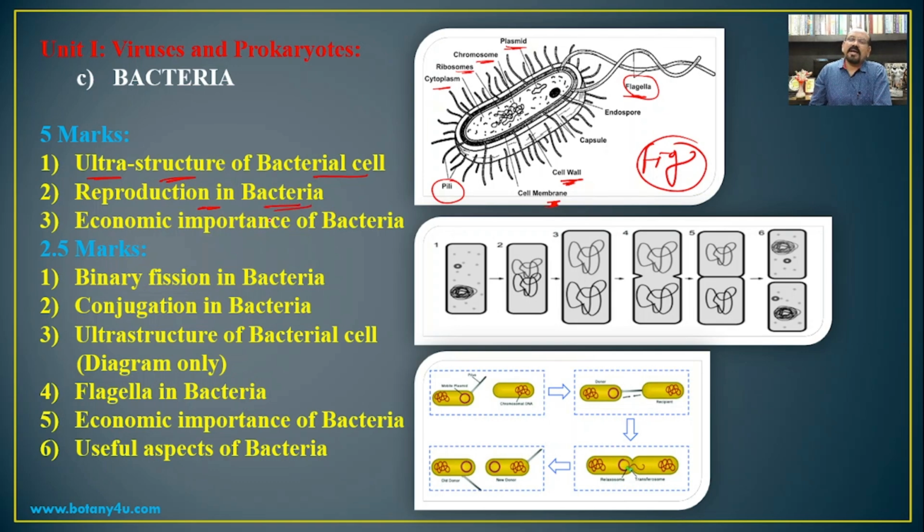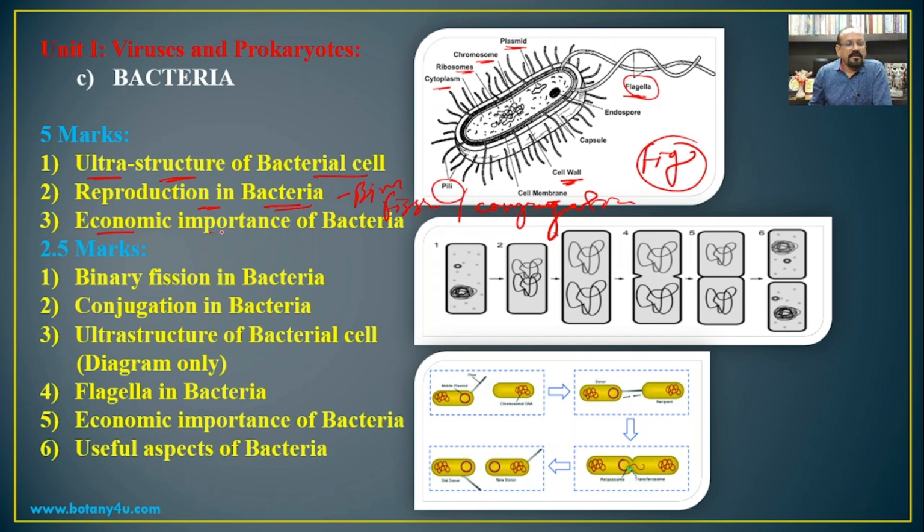Then reproduction in bacteria. Though there are different types of reproduction in bacteria, we have to provide 2 different types as they are provided in the syllabus. Number 1 is binary fission and the second one is conjugation. So we have to provide these 2 methods of reproduction in the bacteria.